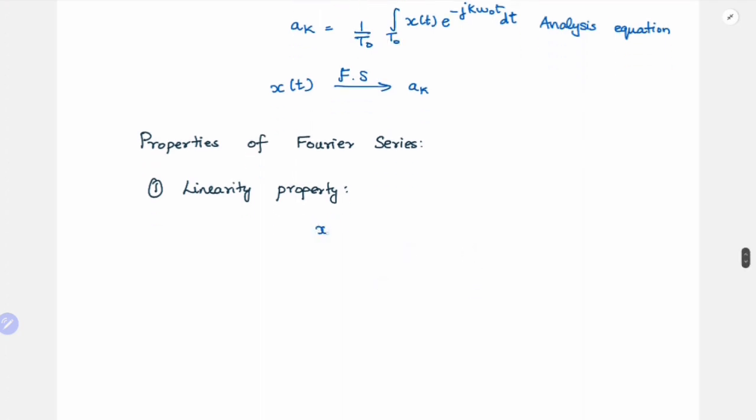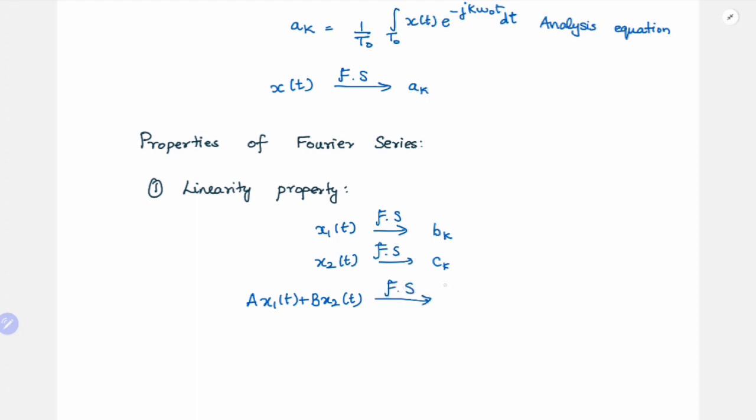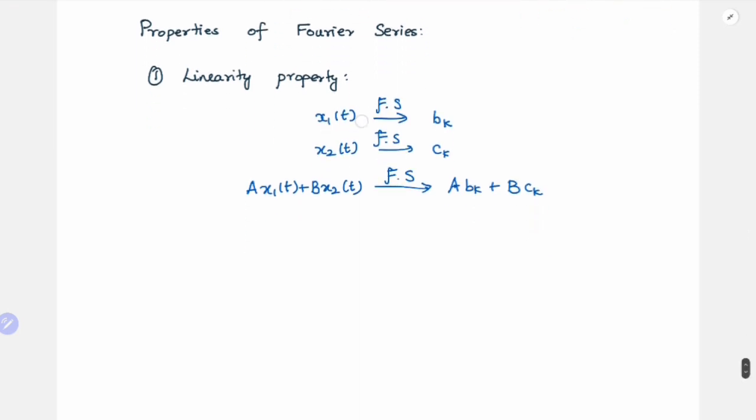If x1 of t has the coefficients, let's say bk, and x2 of t has the coefficients ck, then a x1 of t plus b x2 of t, where a and b can be complex, has the Fourier series coefficients a bk plus b ck. So let us see the proof for this.